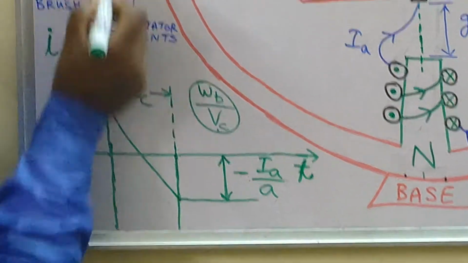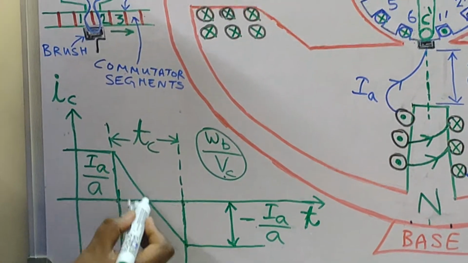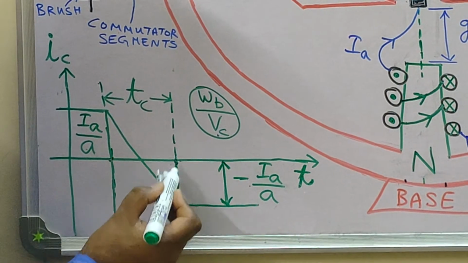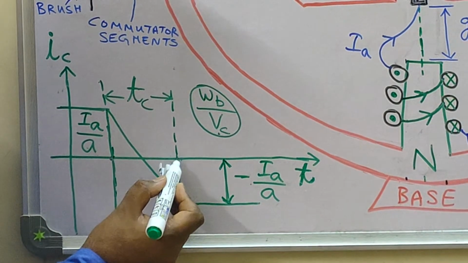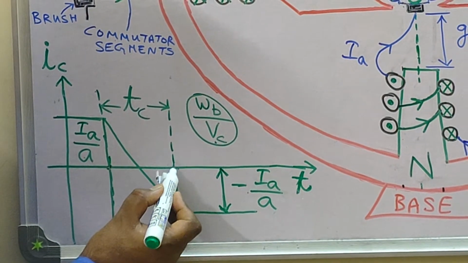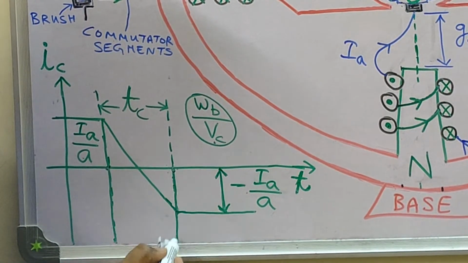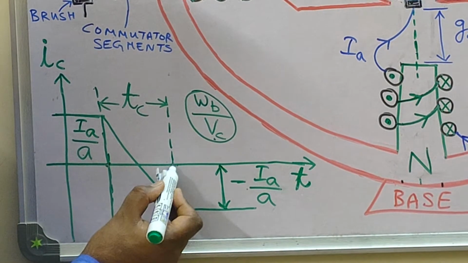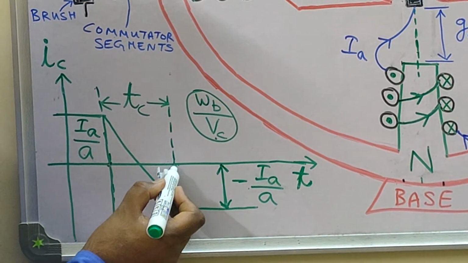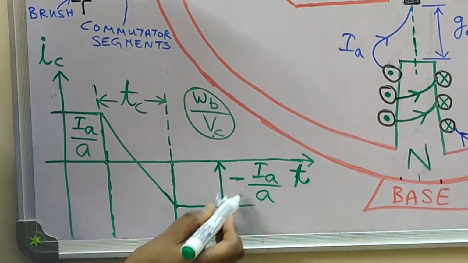So here the coil gets short circuited and the coil current starts to reverse, and at this point the contact with commutator segment 2 is broken and the brush is fully on commutator segment 1. So here the contact is broken and the commutation is completed.